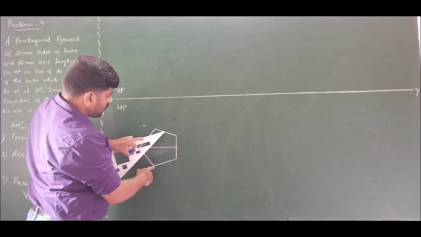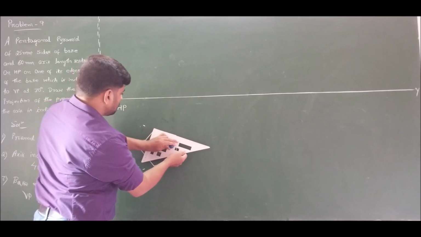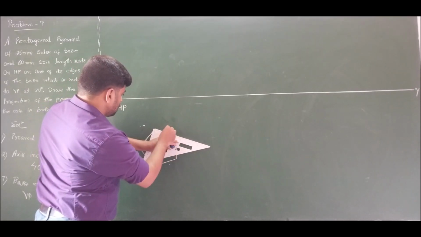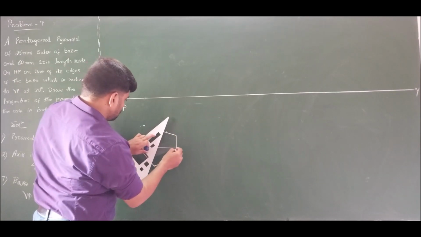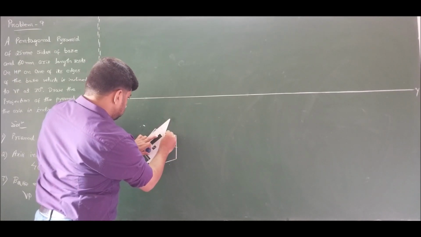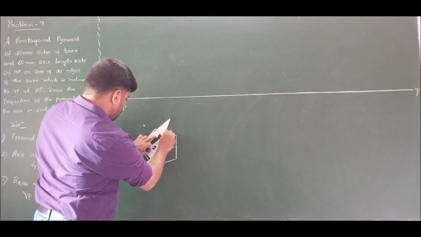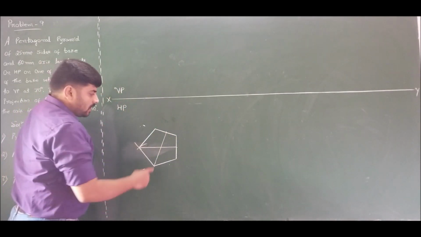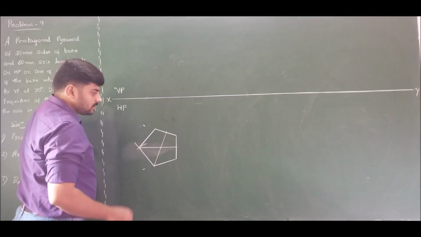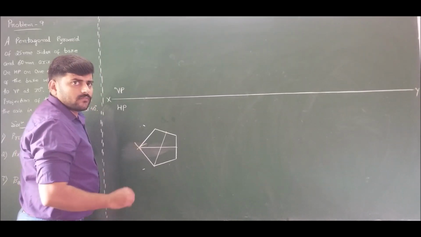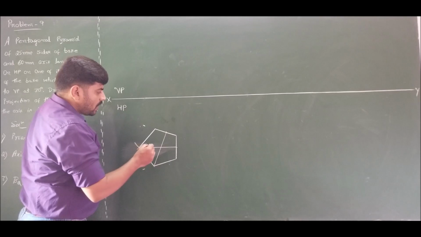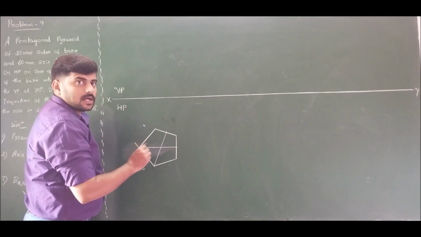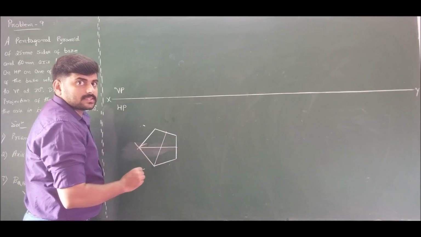So, drawing a perpendicular bisector, I will get the center of this pyramid. Since this is a pyramid, from all the corners, draw a dark line to the center, which represents the apparent triangular faces.